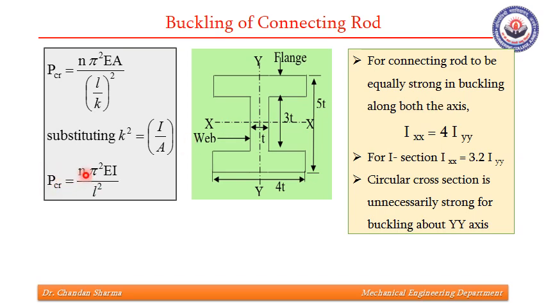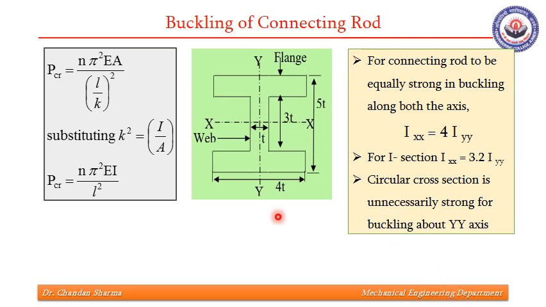So, keeping all other parameters constant, 4 Iyy should be equal to 1 times Ixx, or Ixx should be 4 times Iyy. This is the necessary condition for any connecting rod to be equally strong in buckling about the x-axis and y-axis.